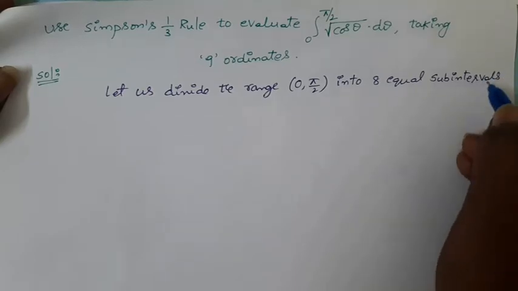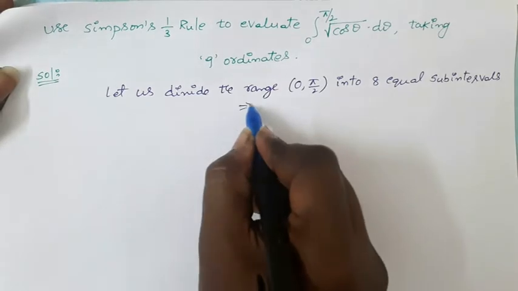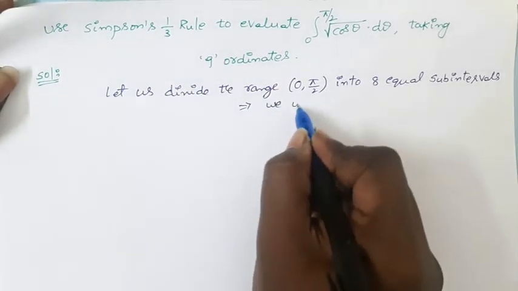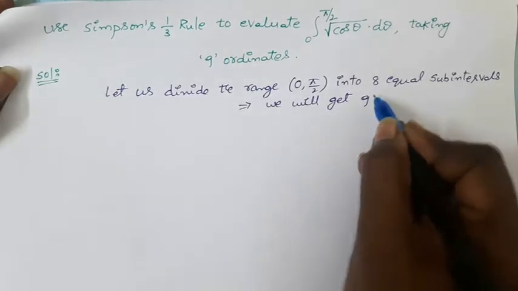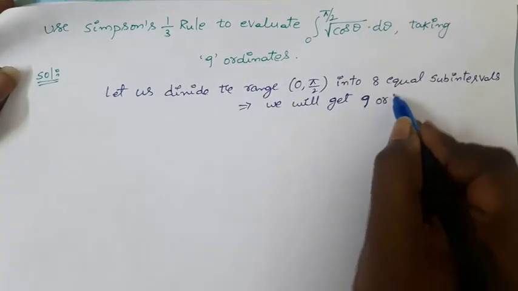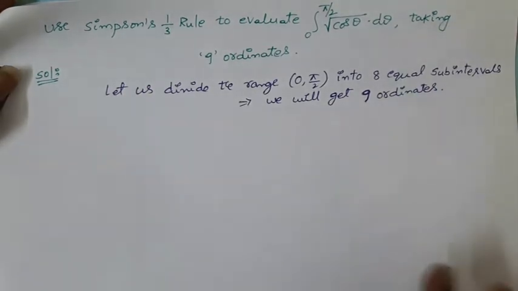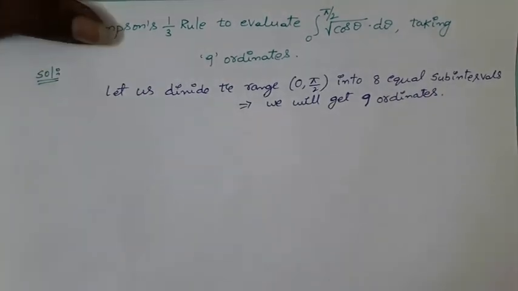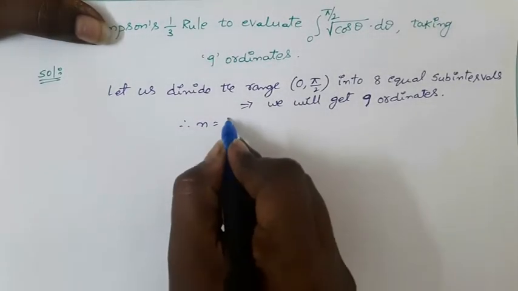Whenever we take 8 parts of the given range, only then will you get 9 ordinates. Ordinates are nothing but functional values of phi. Therefore, the number of equal parts n is 8.